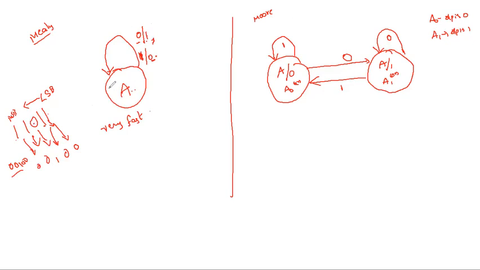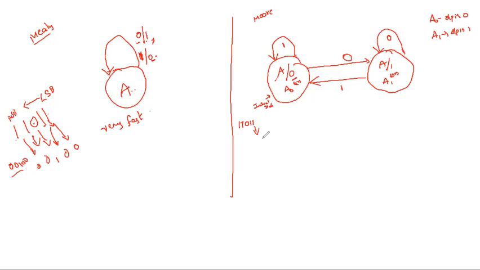Okay. Let us see the same example here. 11001. So this is the initial state, right? I am taking this one as the initial state. Okay. Now I am giving input 1. What is the output?